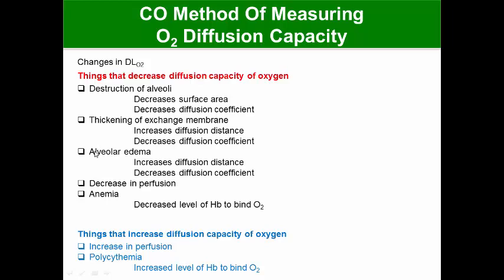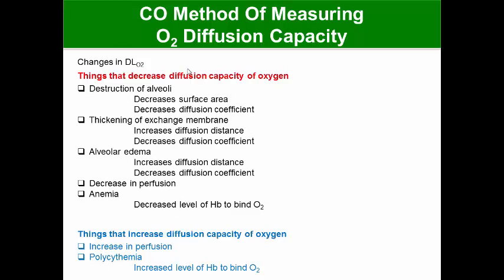In alveolar edema, because now there is fluid in the alveoli, this also increases the diffusion distance and decreases the diffusion coefficient. And when perfusion is decreased, or when there is anemia, because the level of hemoglobin is decreased. Remember these causes from Fick's law of diffusion, which we described early on during the lecture.